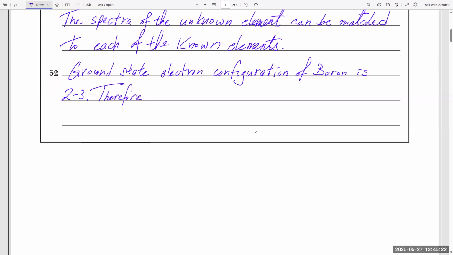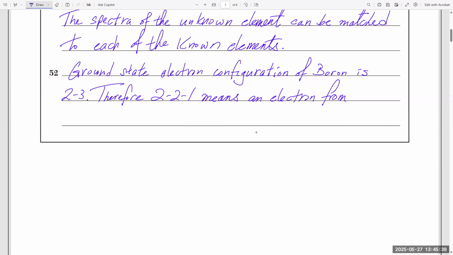Therefore, 2-2-1 means an electron from which shell, guys? What do you think, right?